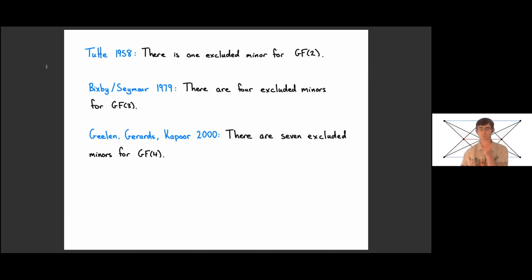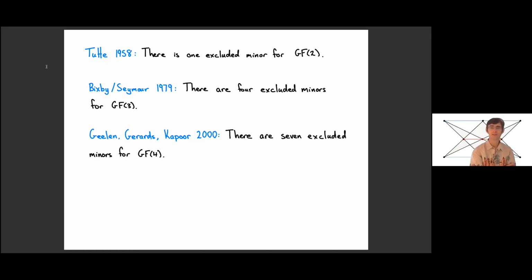And when I first met Tutte, I think it was about 1997 or so, Dan Younger introduced me to Tutte, and when he introduced me, he said to Tutte that I had just solved the excluded minor problem with Bert and AJ for GF4 representability, and Tutte said, "the next case," which left me completely deflated. And so who knows why on earth I want to do yet the next case, but I really do.